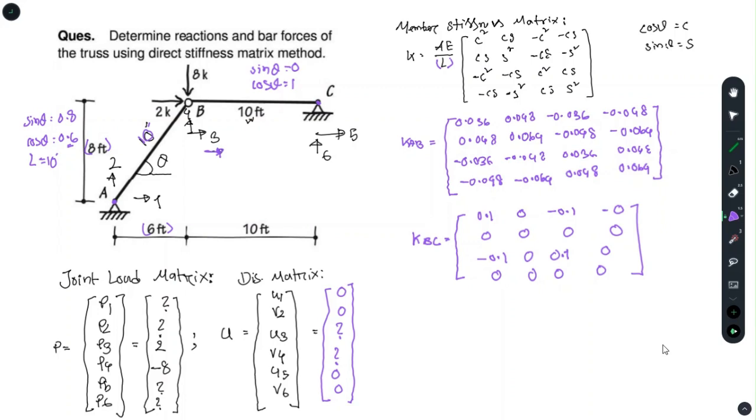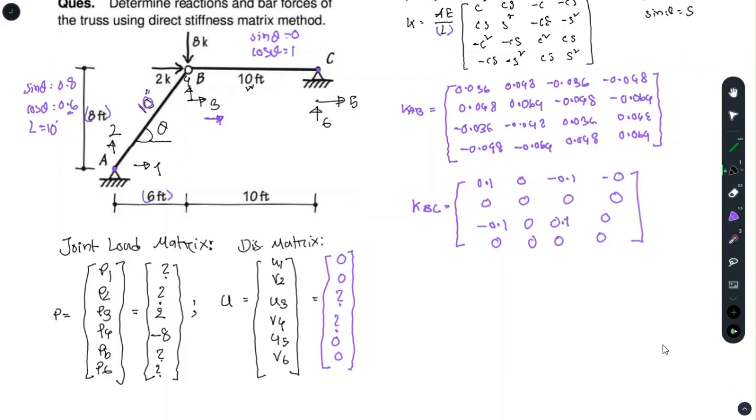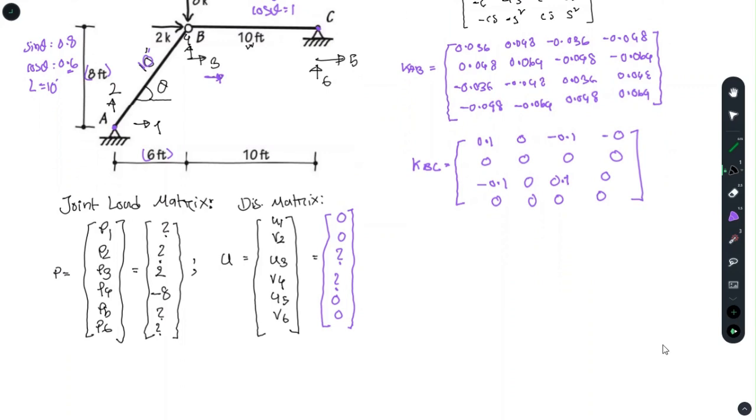Well, if you are here, the immediate next step is to find out the structure stiffness matrix. We'll combine these two matrices to form another matrix. We call that matrix the structure stiffness matrix. How do we form that? We take the load, and then we bring the stiffness matrix for the member, and we multiply that with the u, which is our displacement matrix.